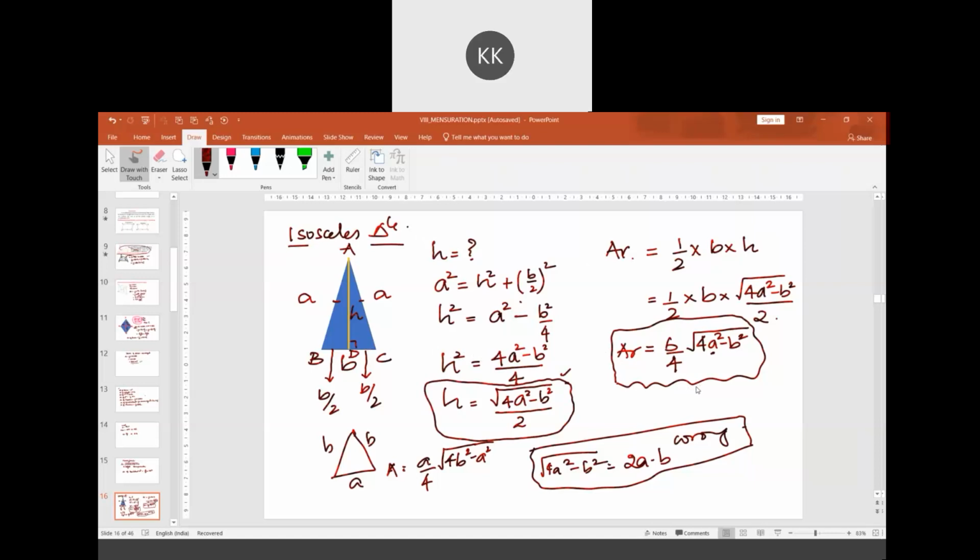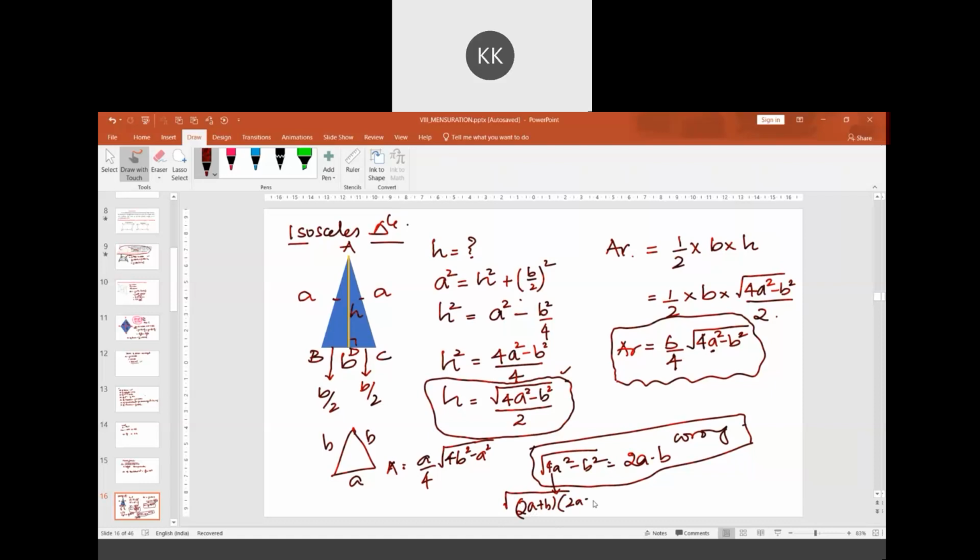You should not write like that. At the most, this will be root of 2a plus b multiplied by 2a minus b. If we use a plus b into a minus b, we get the same step. Understood?